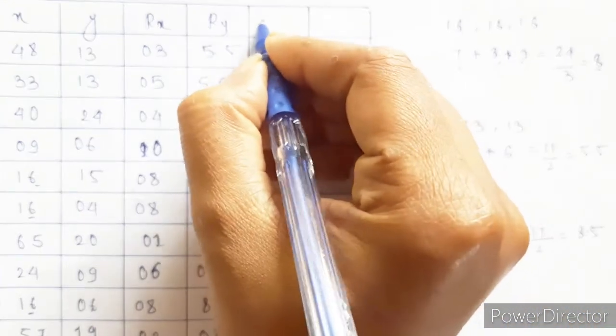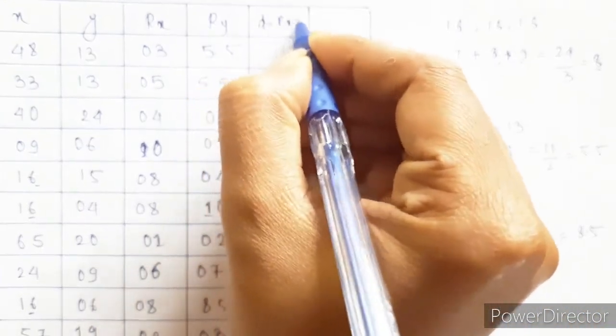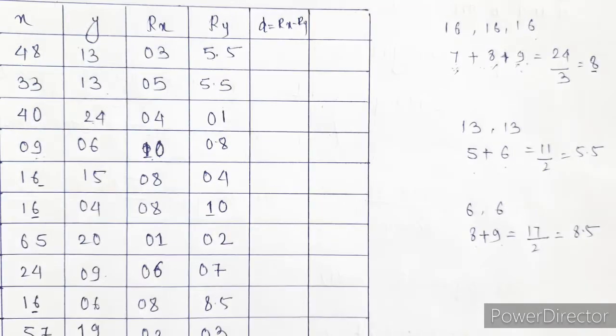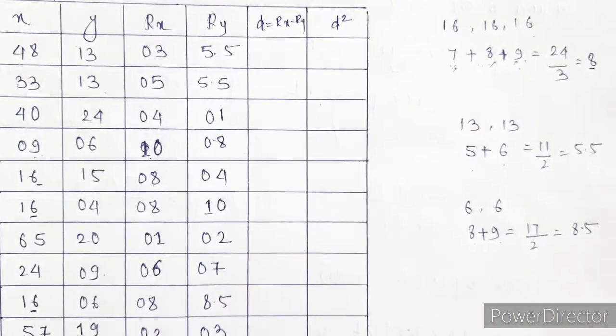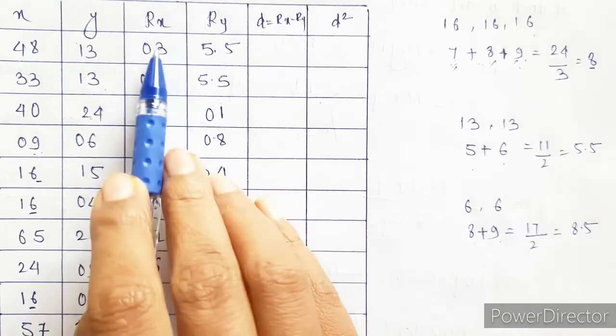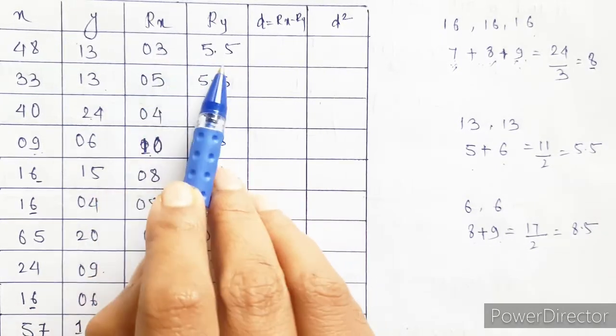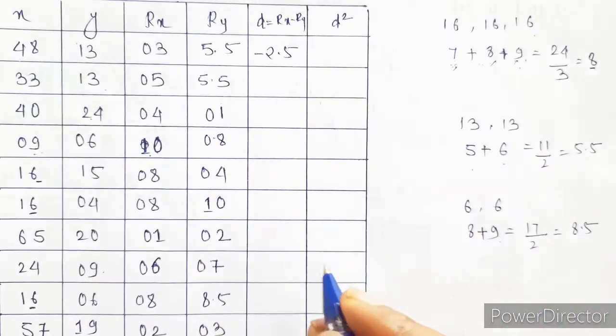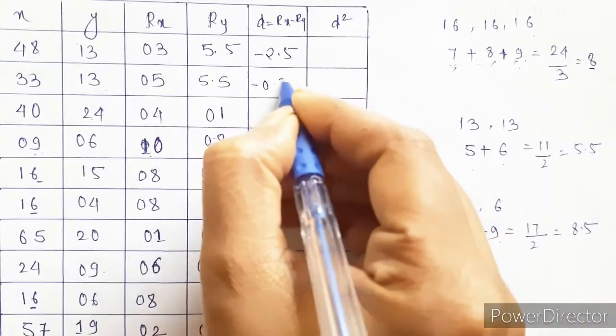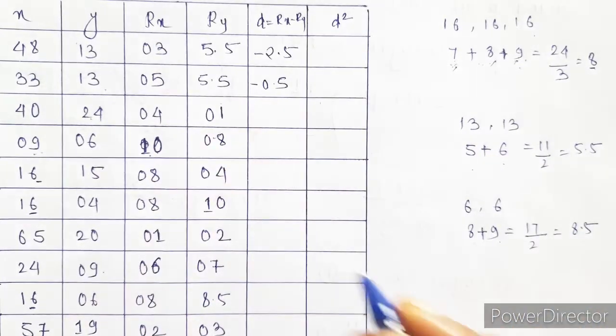Next is finding the value of D, that is rank of x minus rank of y, and then we have to find D square. So rank of x minus rank of y, 3 minus 5.5 is minus 2.5. This will be minus 0.5, 5 minus 5.5.